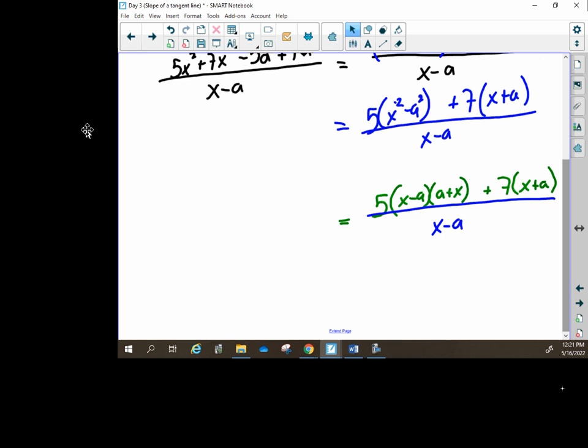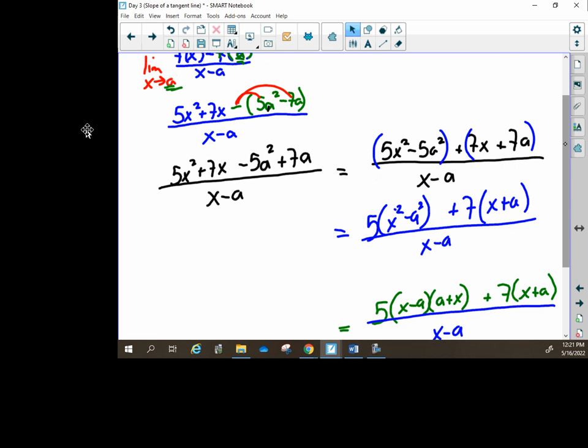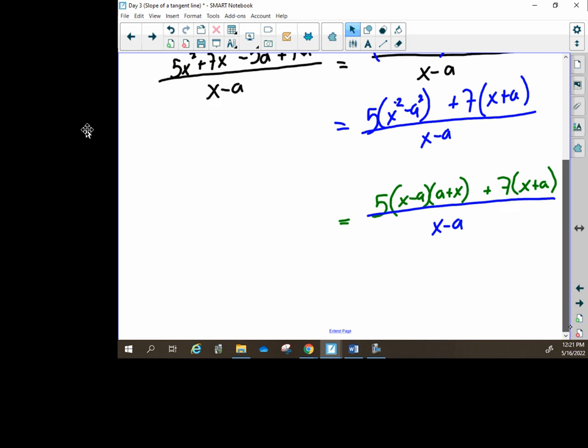You guys see when I factored out this 5 right here, how we divided it out of both of them and came up with this x squared minus a squared. Well, in this part right here, both of them have an x plus a in them.